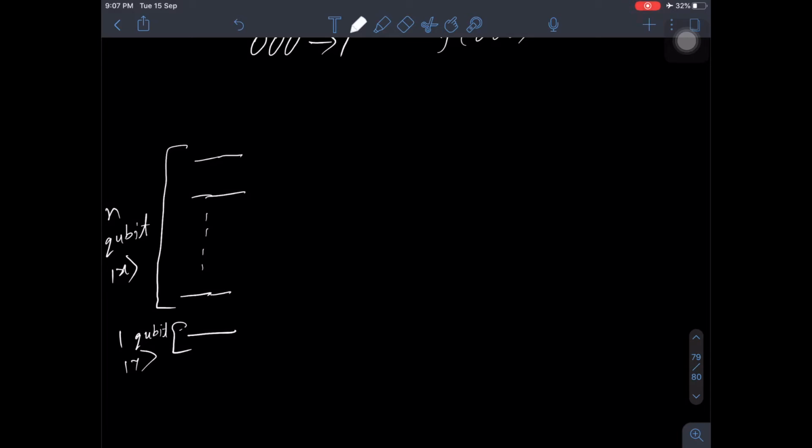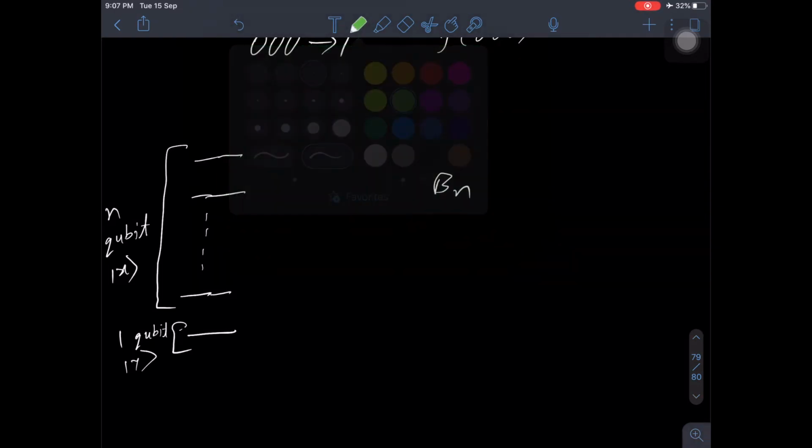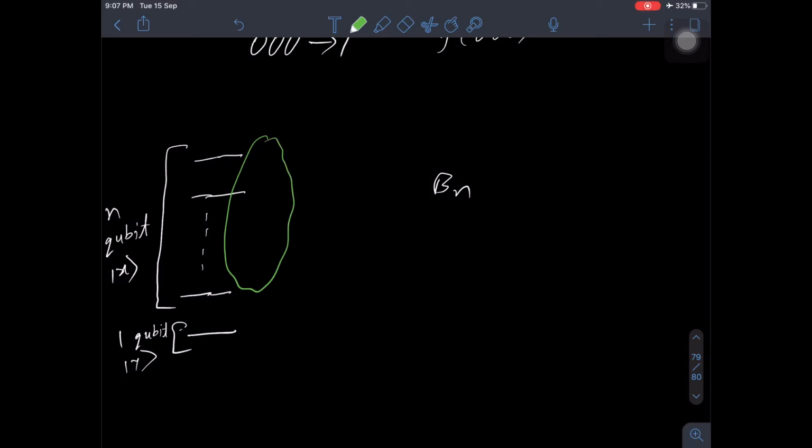So now what we want to do is create an equal superposition of all the elements of Bn from this part. Okay, how to do that? Let's work out an example.